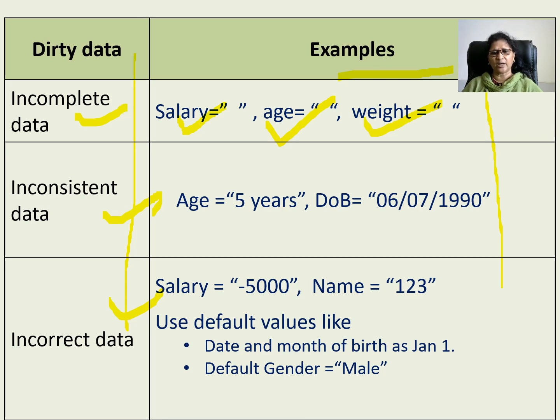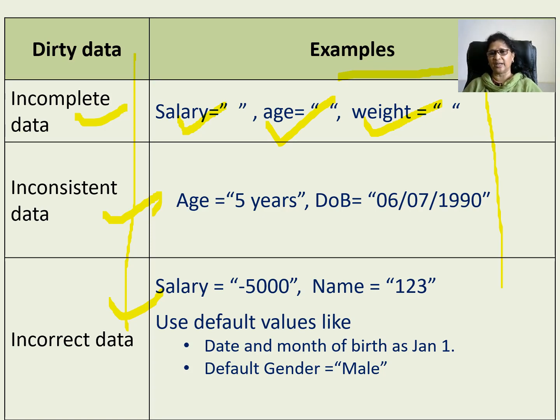In this data of employees, these three attribute values are often missing. There are few who do not disclose their weight, or maybe at the point when the data entry was done, when I was filling up my form, I did not know my current weight. Second, age. Maybe I am not interested in disclosing my age, so sometimes the age field is left empty. There are many who do not want to write their salary, so these fields are left empty, and such data we call incomplete data.